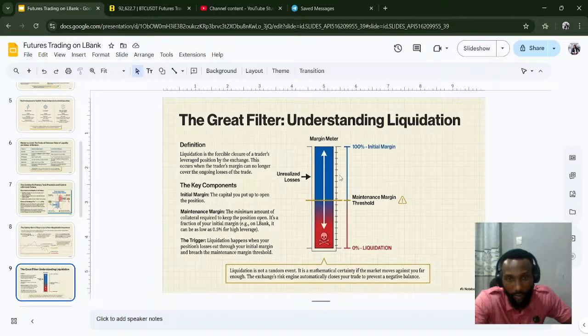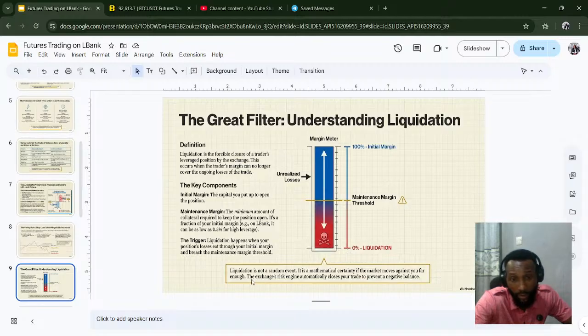Then the maintenance margin threshold, you can see the unrealized loss and liquidation. I can call this maintenance margin threshold where you put your stop loss. So once you start losing, it gets triggered so that you don't get liquidated.